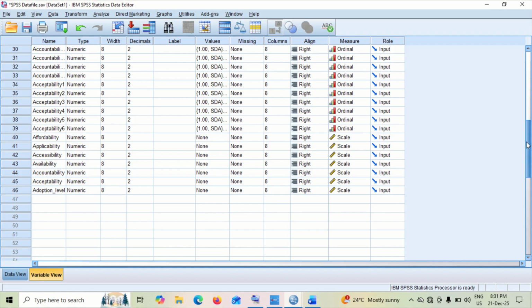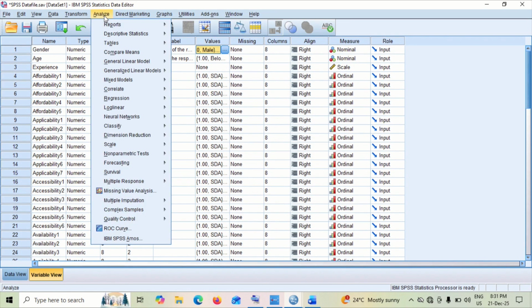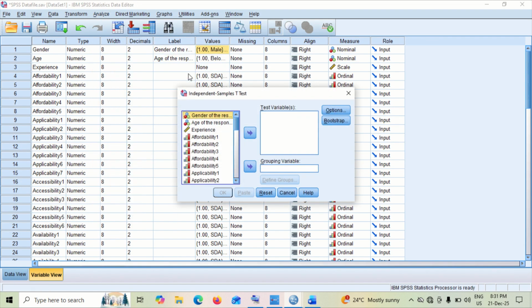Okay, let us look at the steps. Click Analyze, then select Compare Means. From the dialog box, we have to select independent sample t-test. First of all, select the gender of the respondent and move it to the grouping variable.